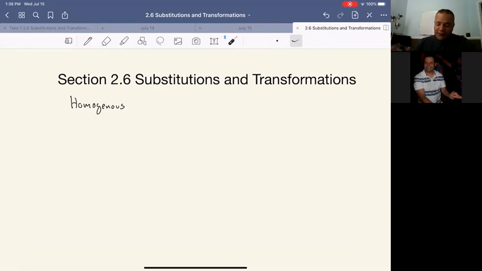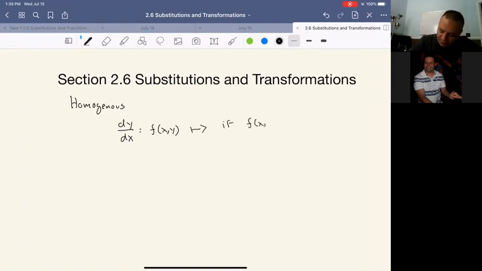So right now, what it means in this setting is that if we have dy/dx equals f of x, y, and we know that we can write f of x, y as some function of y over x, then we're going to take u, which we assume to be also a function of x, to be y over x.